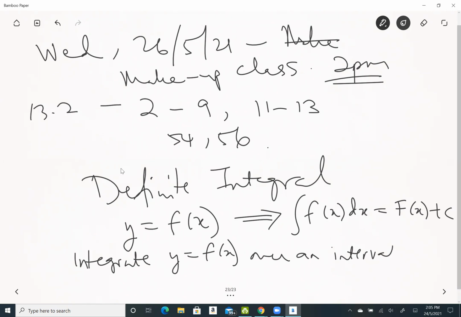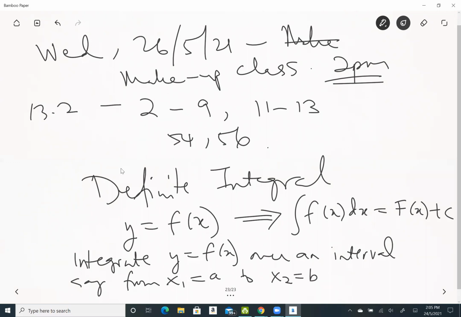When you say interval, we look at the value of x from x1 equal to a to x2 equal to b.